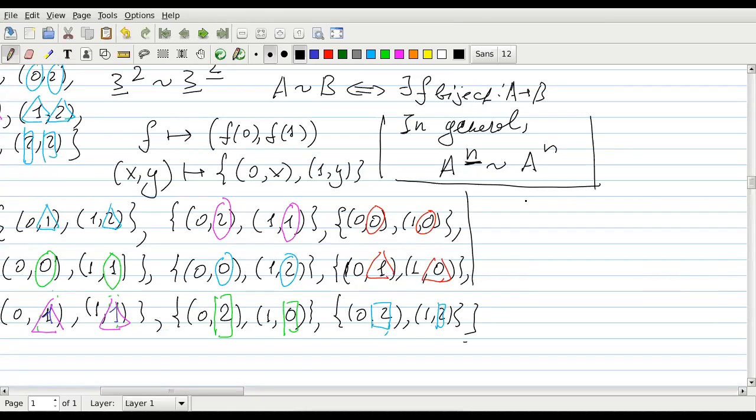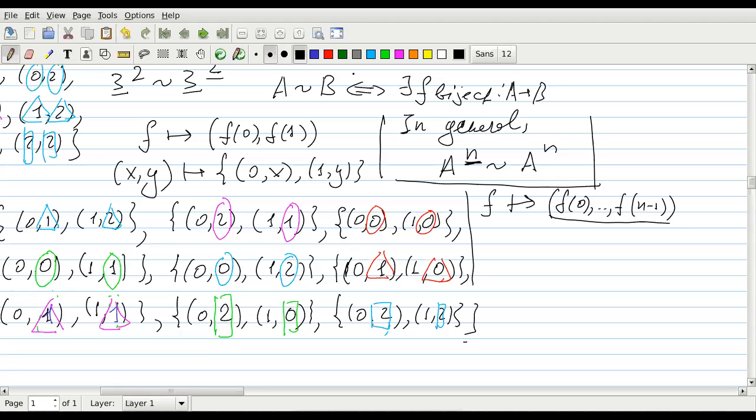And this statement is used in combinatorics very, very often. You may encode every function into the ordered tuple of its values. Is it clear?